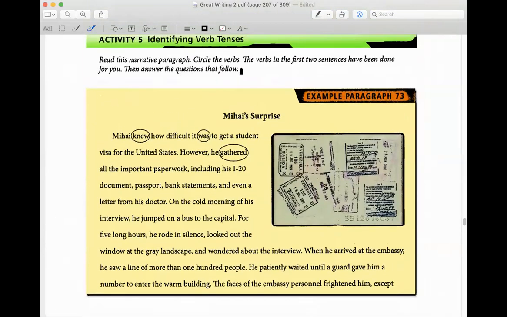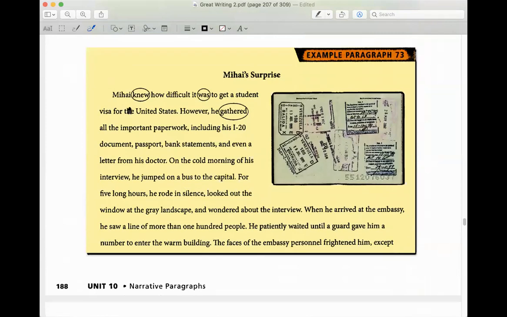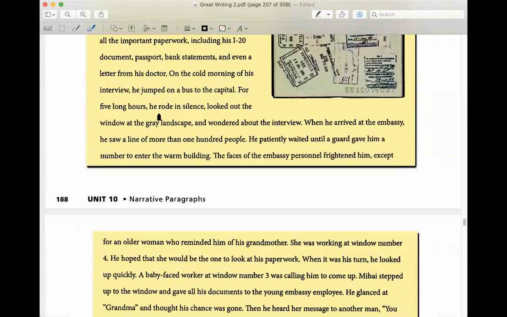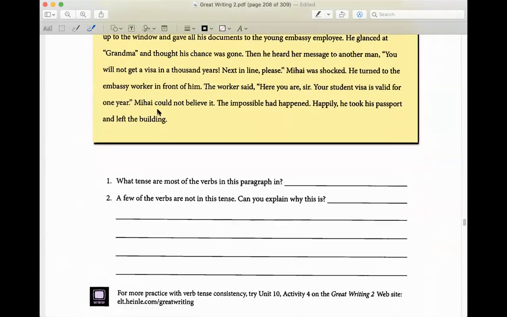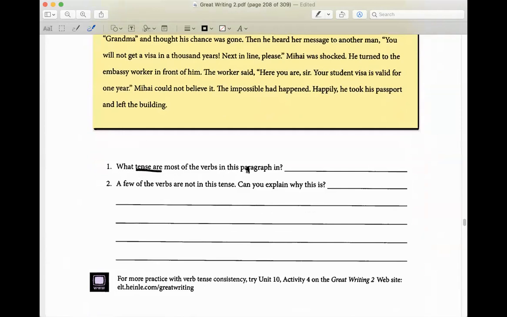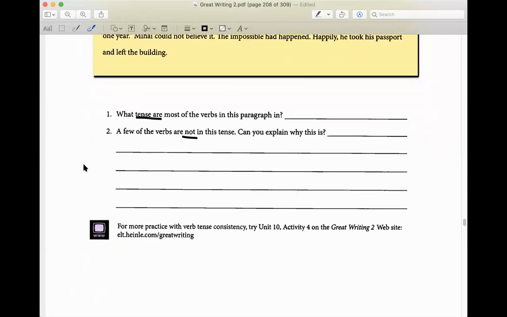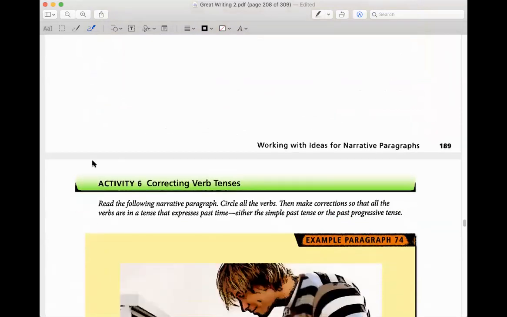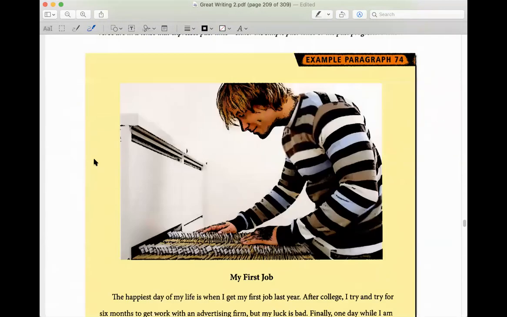Okay, so in this activity, you're to circle the verbs, and then you're going to answer questions about the verbs. Okay, so go ahead and do that, and then you'll see the questions. What tense are most of the verbs in? So are they in past, present, future? And then, if you are not in that tense, try to figure out why some verbs are in a different tense.